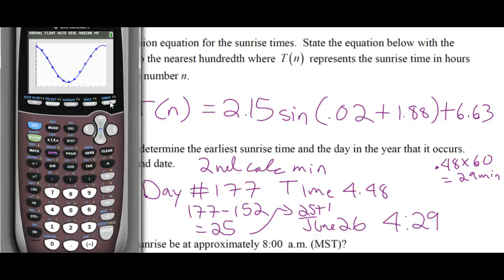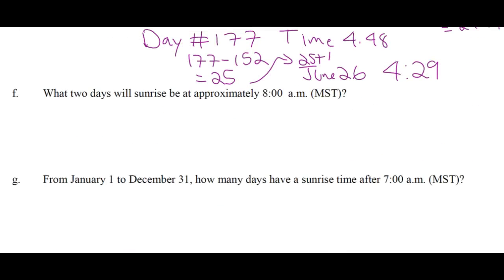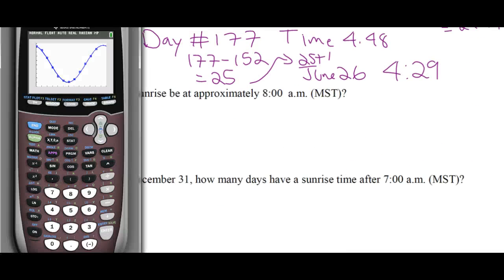Okay, what else? On what 2 days will sunrise be at approximately 8 a.m. Mountain Standard Time? So how are we going to do this one? In the one we just finished, we were given an x value and had to work out the y value.